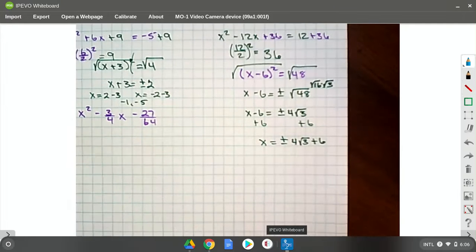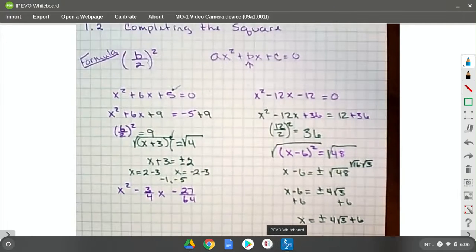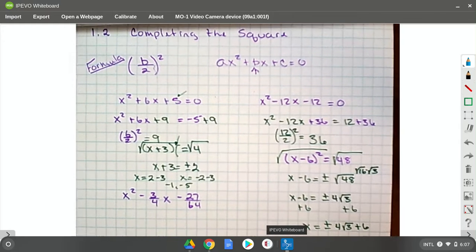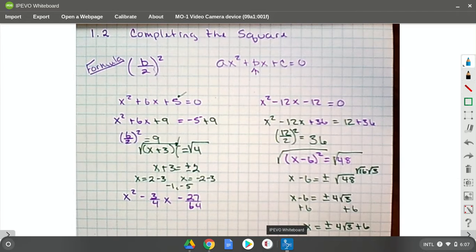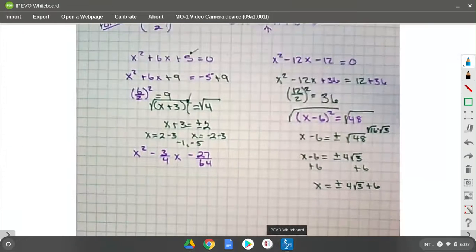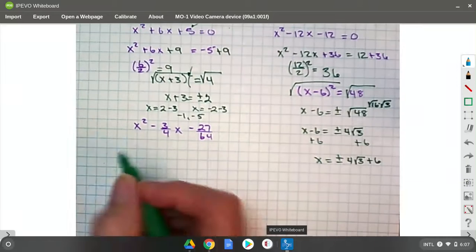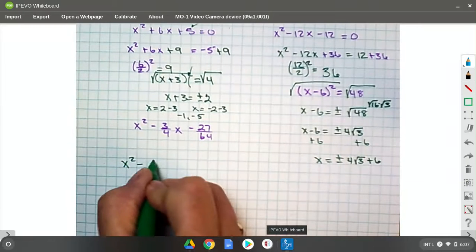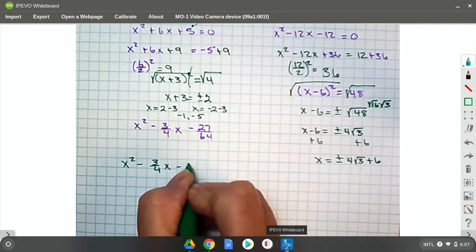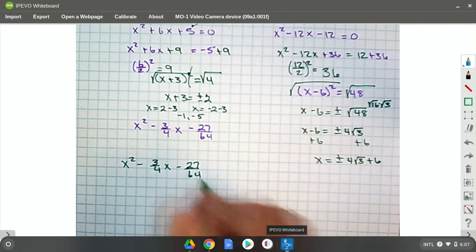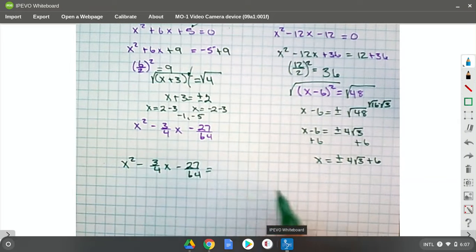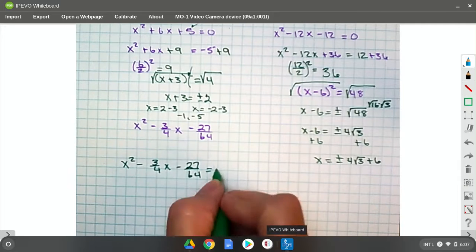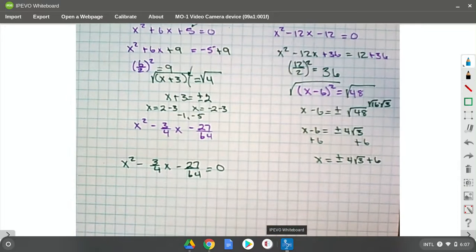Okay? All right. Now, the gift of having all the different ways of solving a quadratic equation is that for different equations, different methods are shorter and easier. So I know this is going to show up in your math lab, but I would never use completing the square on one that had fractions, on one where I didn't have an even b, and I don't have a 1 for a.